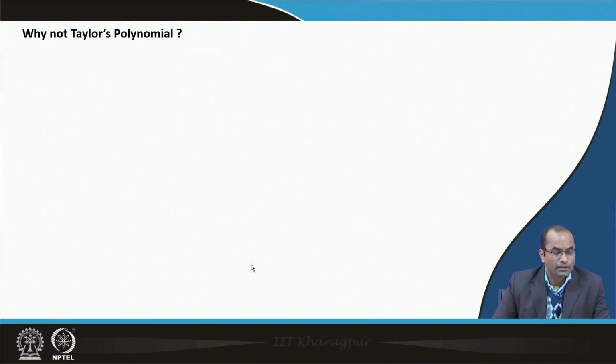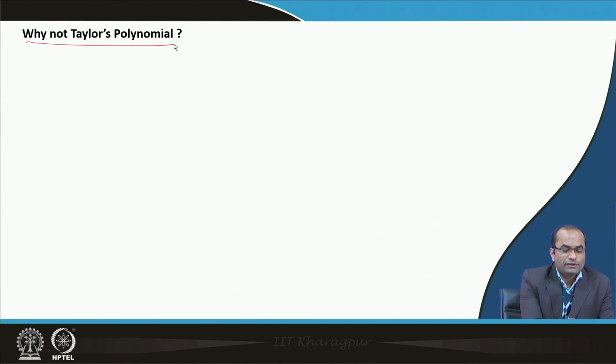But the question is why not Taylor's polynomial, because we have already studied Taylor's polynomial, which was also used for approximating a given function, and now we are talking about some other polynomial, not exactly the Taylor's polynomial. So, why not just the Taylor's approximation, because they are also doing the same job.